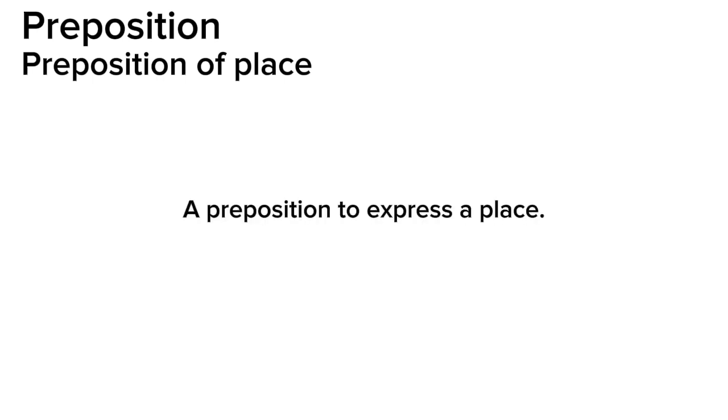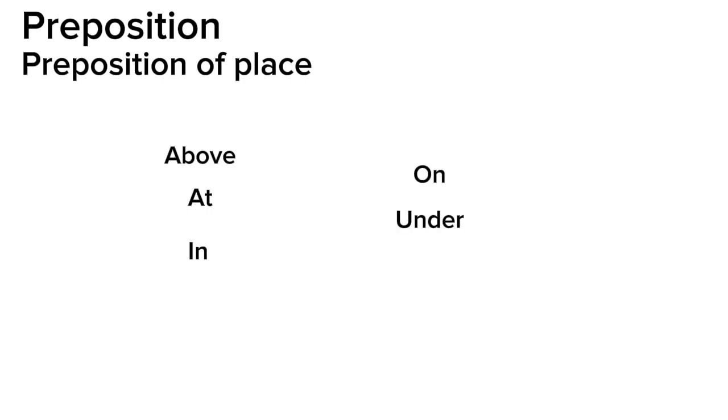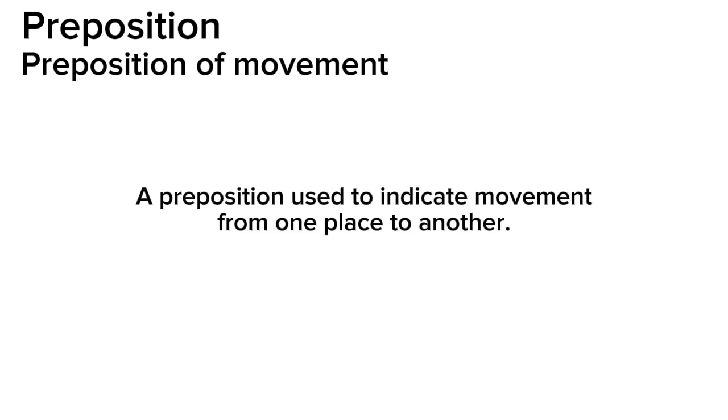Preposition of place is a preposition to express a place. For example, above, at, in, on, under. The preposition of movement is a preposition used to indicate movement from one place to another. Examples include inside, into, off, toward, up.